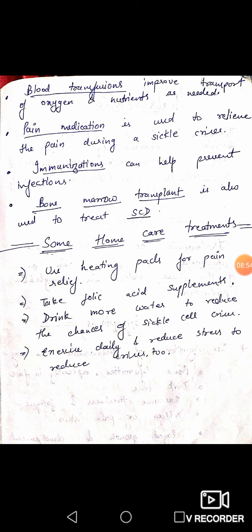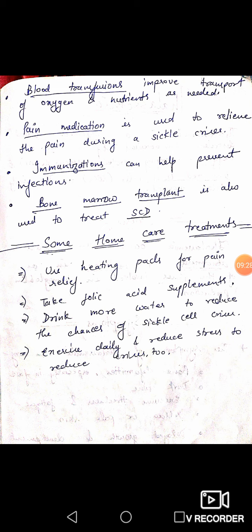In that condition we take some pain medication that will relieve the pain during a sickle crisis. What is a sickle crisis? A sickle crisis is pain that begins suddenly and lasts from several hours to several days. It happens when sickle RBC block small blood vessels that carry blood to different parts of the body.